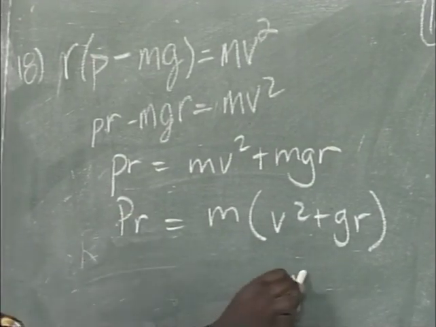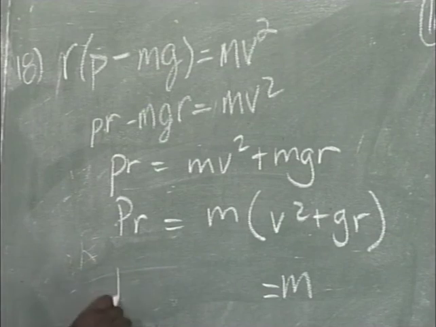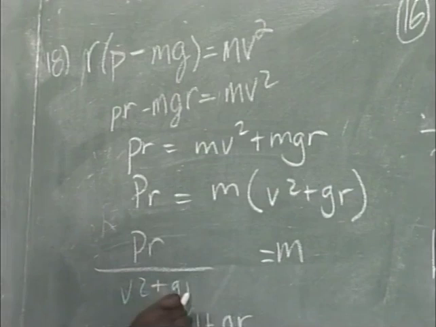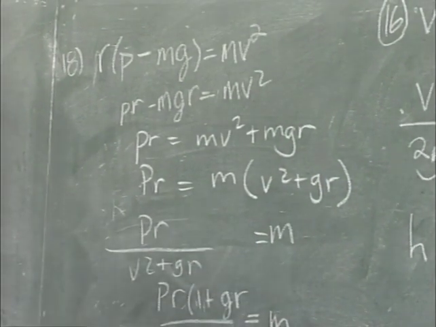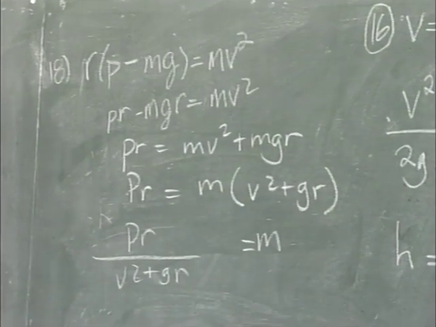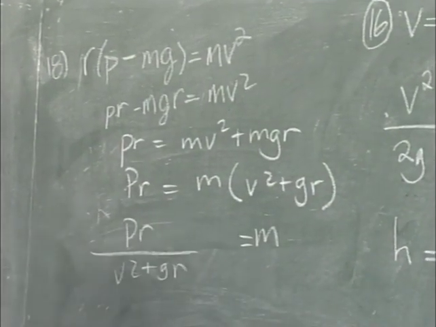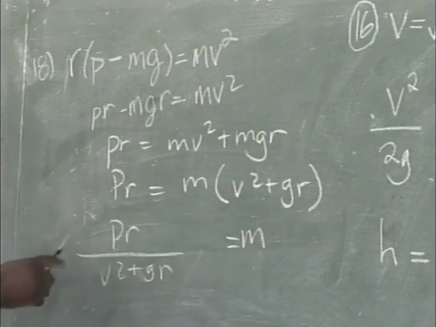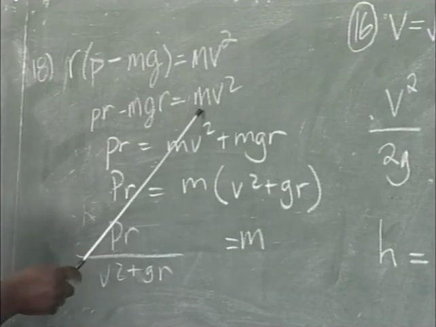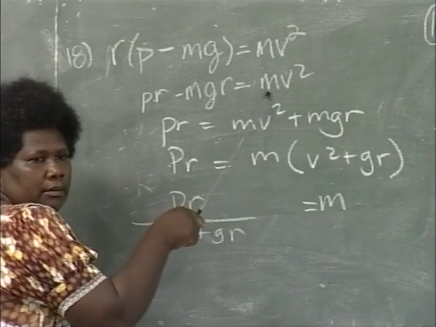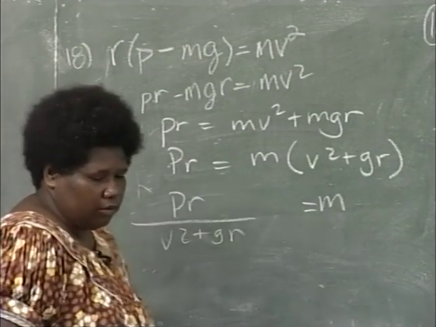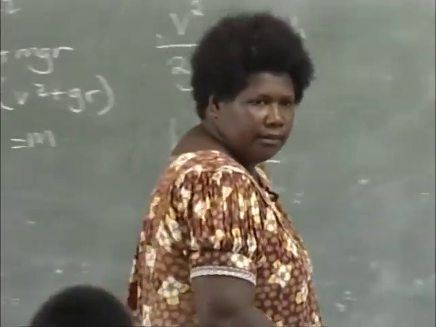We want M on one side of the equation, so M is equal to PR over V squared plus GR. Okay, so the answer is not right. So take note, although I said earlier you can do two things at the same time, you don't add and then divide. You got to move this because this one has got an M attached to it. So add first and then factorize and then divide.